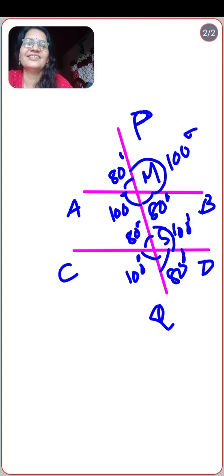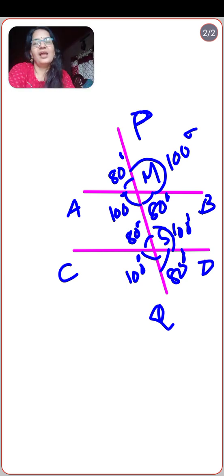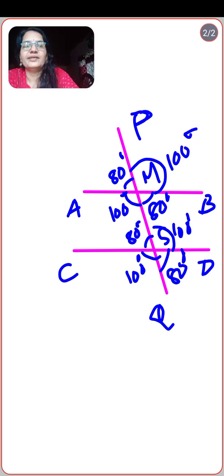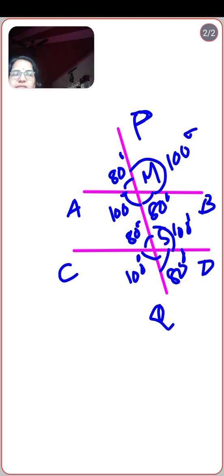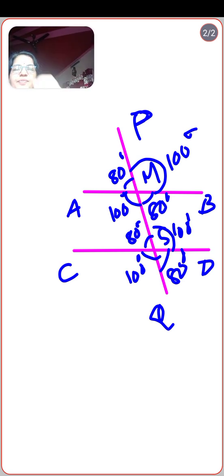Very easy, isn't it? Now we are pairing angles which are on the same side of the transversal. But here we are considering angles in the outer part of the parallel lines. Outer part, exterior part, isn't it?